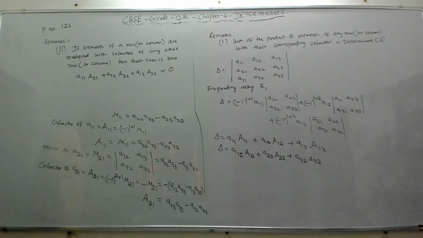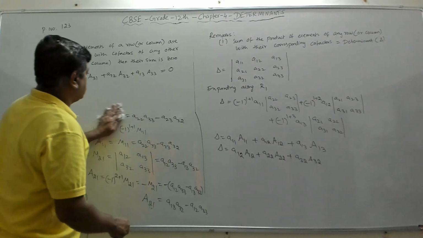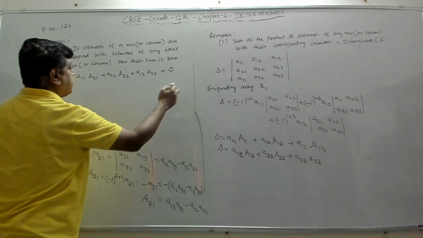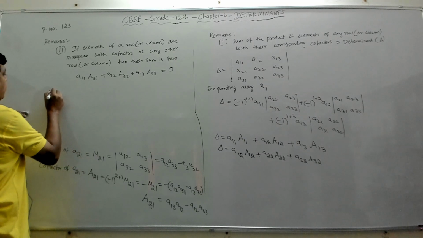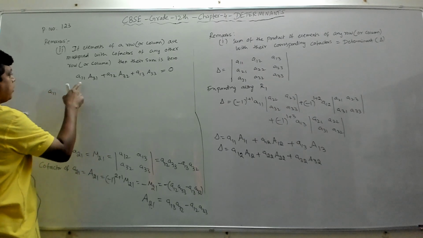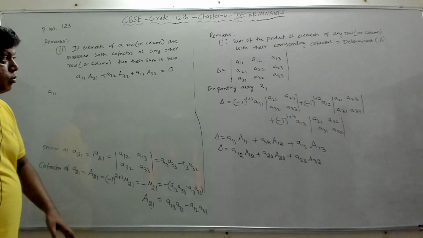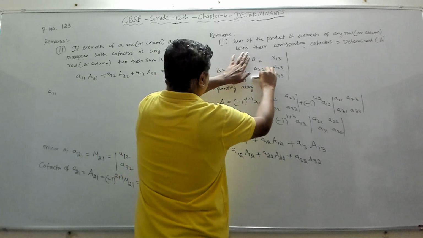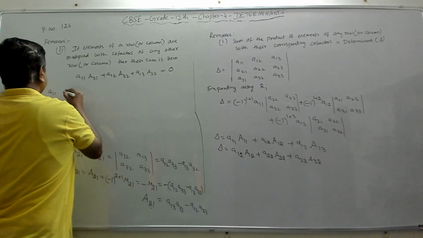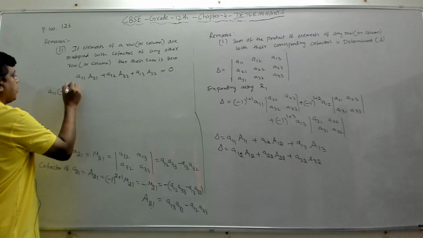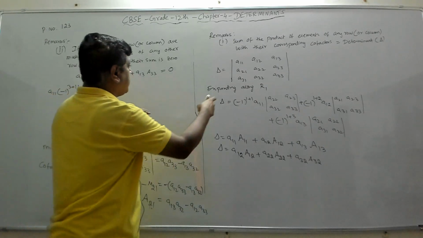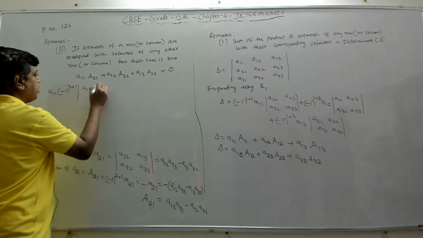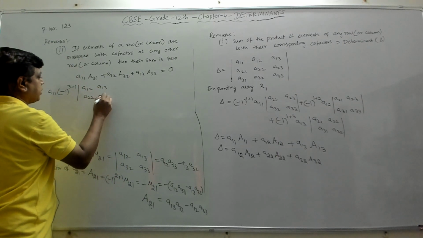Let's take the same determinant delta. A11 into A31, where A31 is the cofactor of this element. I close this particular row and this particular column, so it is minus 1 power 3 plus 1, determinant of A12, A13, A22, A23.